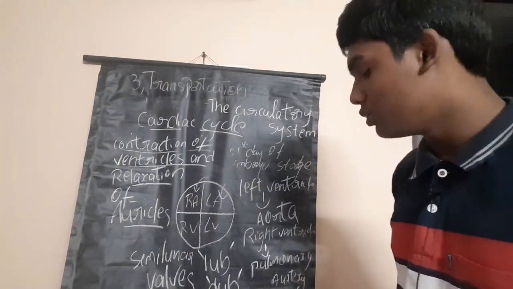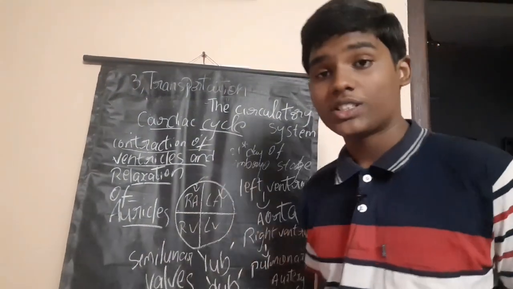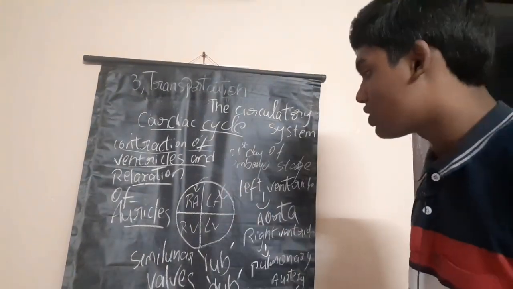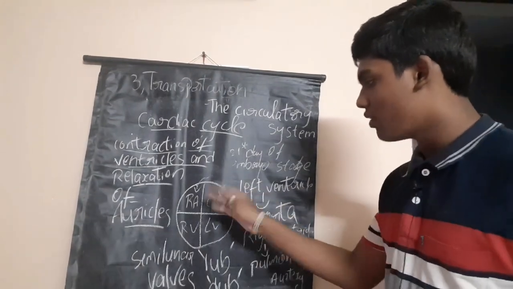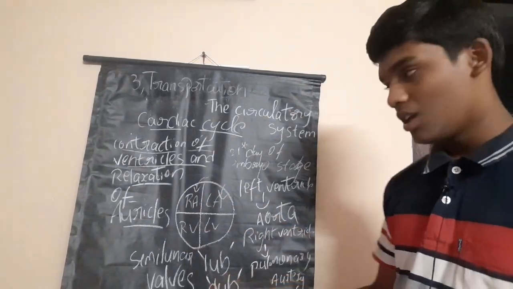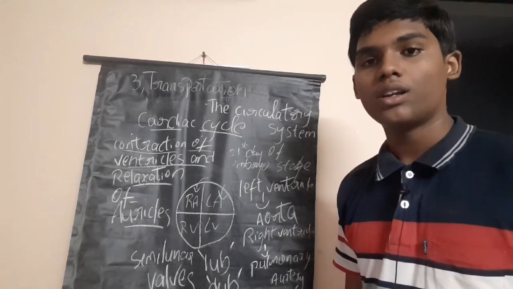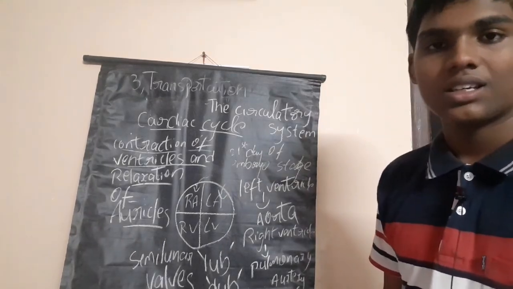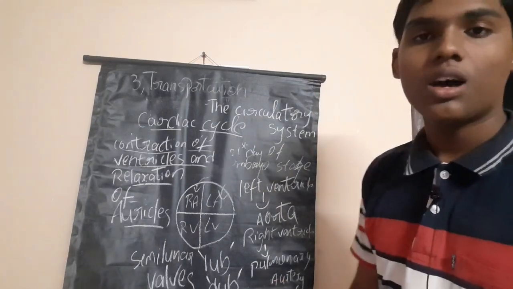Now, how much time is taken for one auricular contraction? What happens when the auricle contracts? The deoxygenated blood and oxygenated blood travel. Almost 0.11 to 0.14 seconds is taken for one auricular contraction.